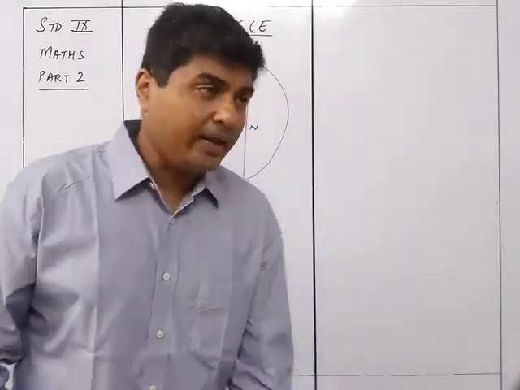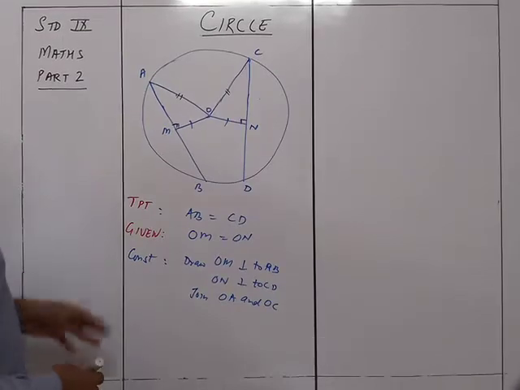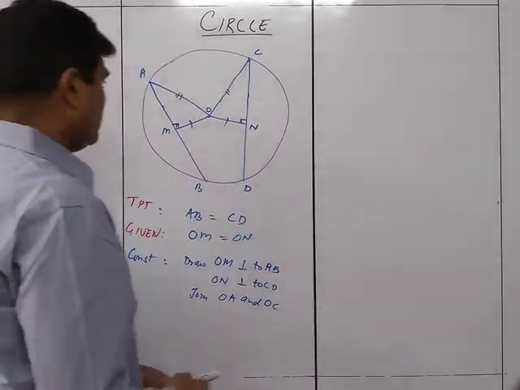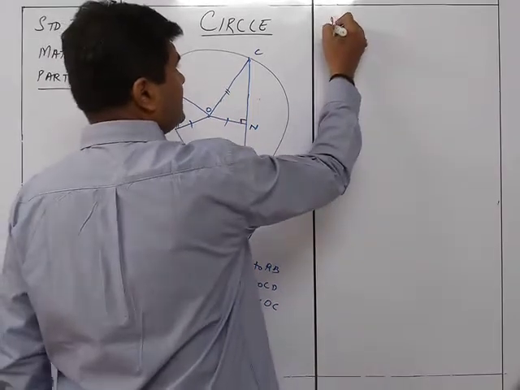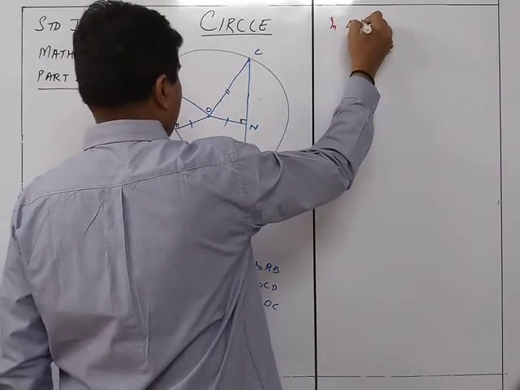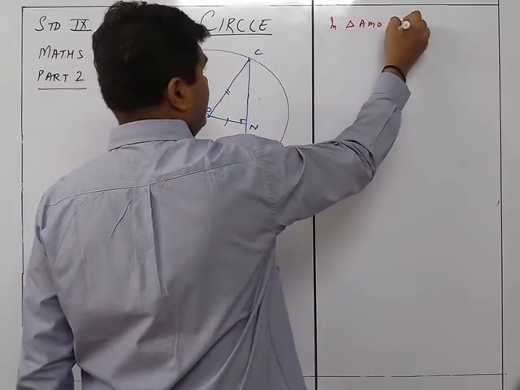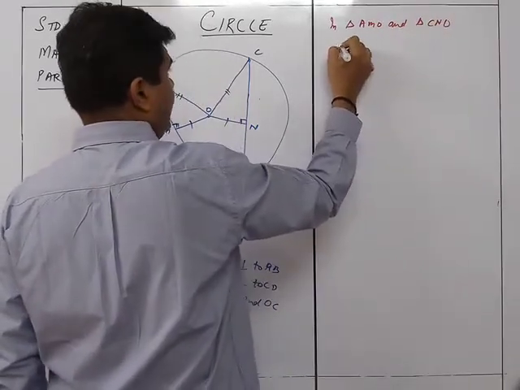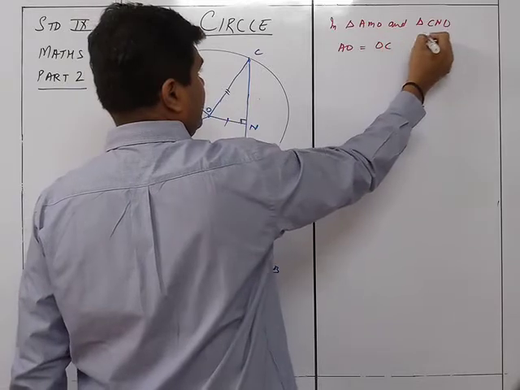So in this way, you will have that the two chords are congruent or equal. So we have, in triangle AMO and triangle CNO, AO is equal to OC, radii.